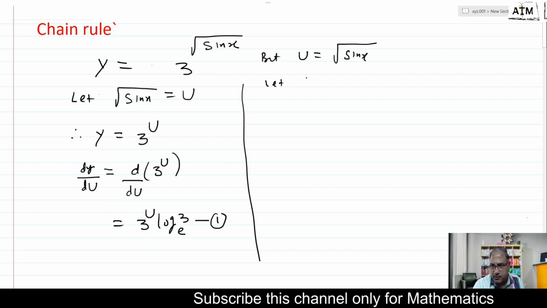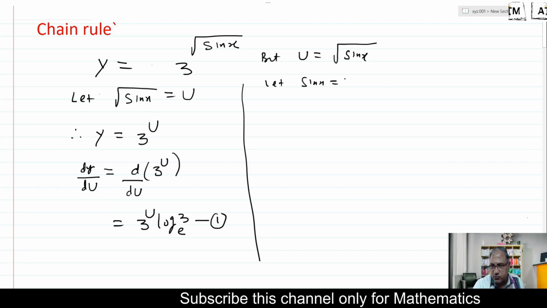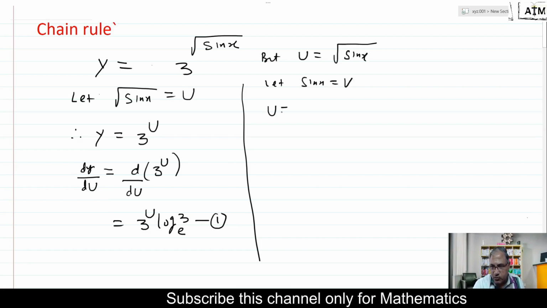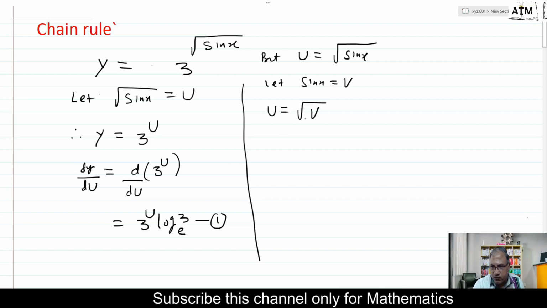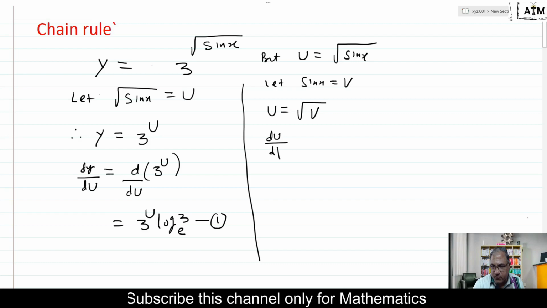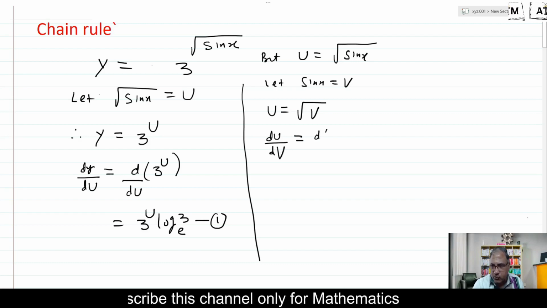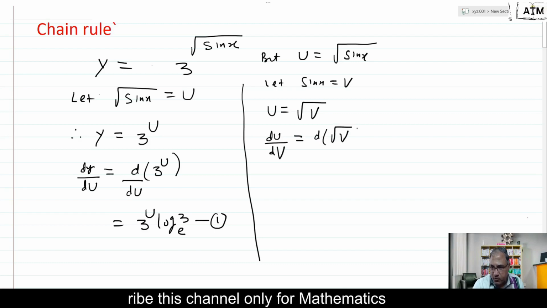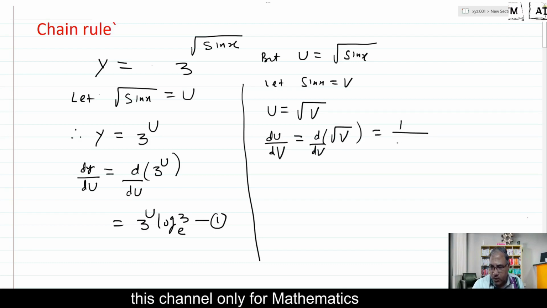So let sin x equal v. Then u equals under root of v. Then differentiating both sides with respect to v, du by dv equals derivative of root v with respect to v, equals 1 upon 2 root v.